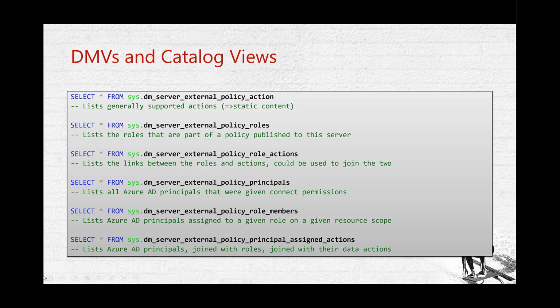Now, the external policy principals catalog view will give you all AD principals that are part of a policy and have a connect permission. That's important. If a principal doesn't really have connect permission, any other permission applied via a policy would not have effect in SQL.